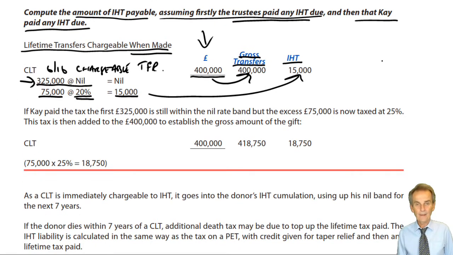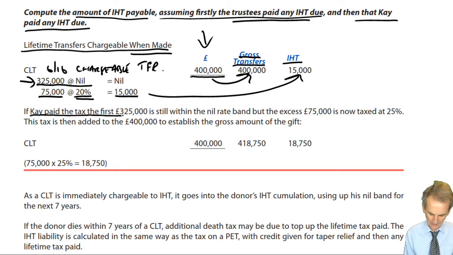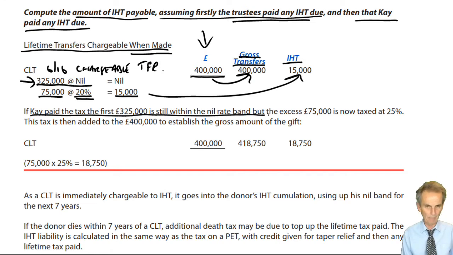Right. What about then if K, the donor, paid the tax? Then we would call it a net transfer. So what now would go into our columns? Well, if K paid the tax, still the first 325 is within the nil rate band.